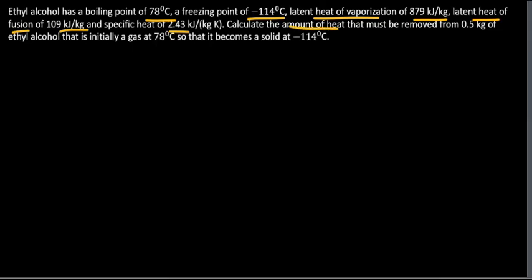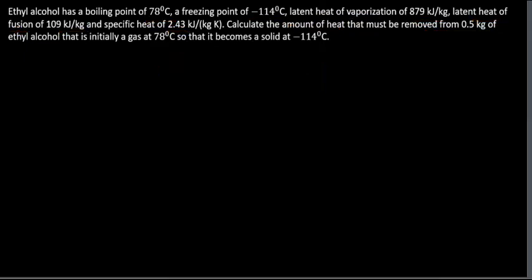Calculate the amount of heat that must be removed from 0.5 kg of ethyl alcohol that is initially a gas at 78 degrees Celsius so that it becomes a solid at minus 114 degrees Celsius.